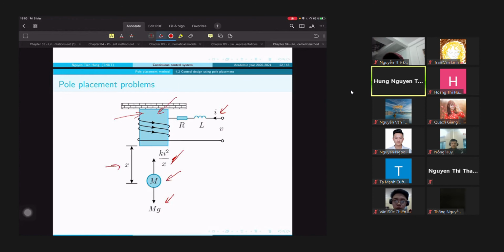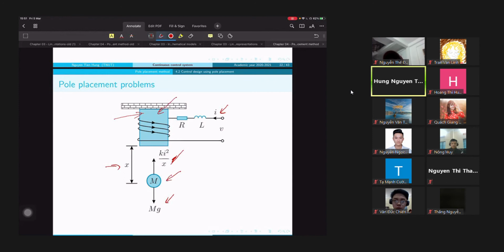So this is an application, and nowadays this principle is also applicable for some devices. You can find this in the market. In some cases, it's the inverse problem, when the ball is above the magnet, the electrical magnet.